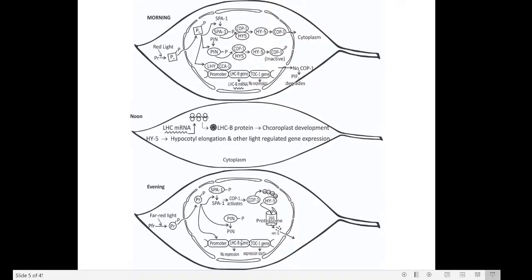In this evening step, phytochrome 1 observing far-red light stimulates the degradation of the mRNA, which happens with the proteasome, the 26S proteasome. I think now it's clear for understanding.